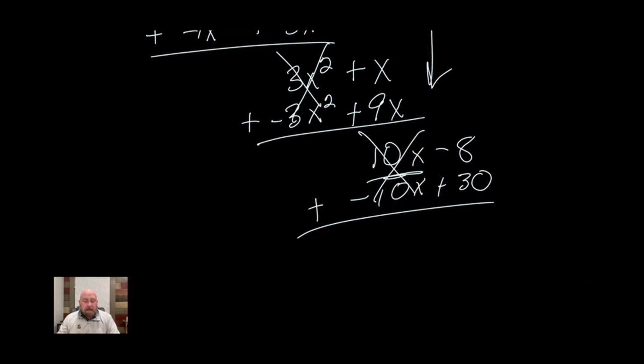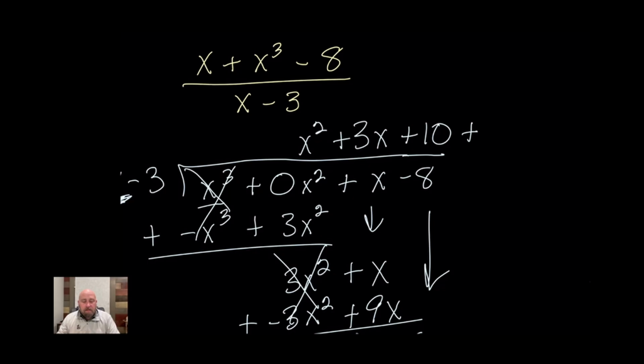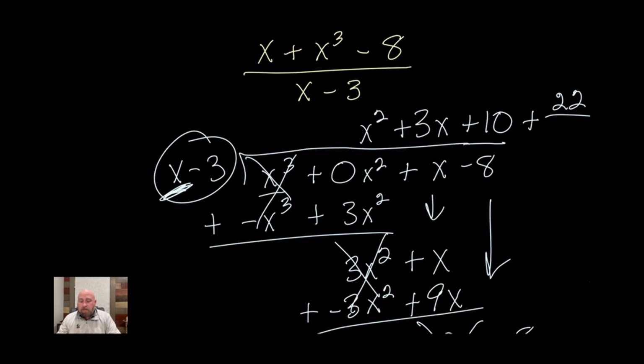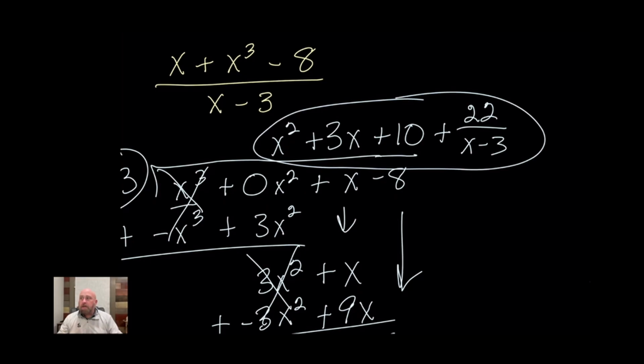This cancels, and I am left with this right here. 30 minus 8 gives me a 22, a positive 22. And now that is my remainder. So I have a plus 22 over my divisor, which is x minus 3. And there's my answer.